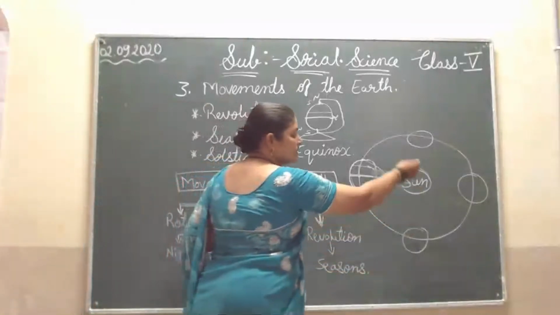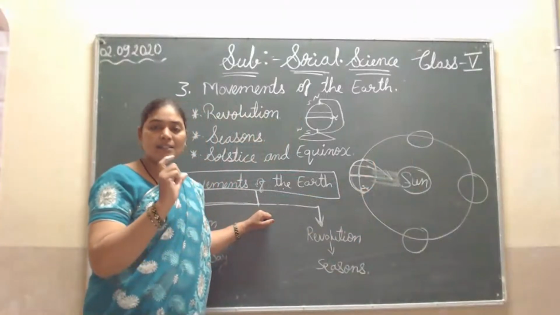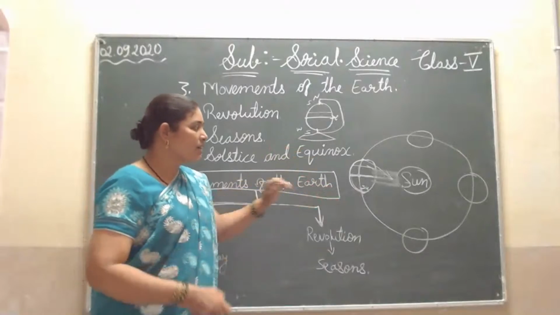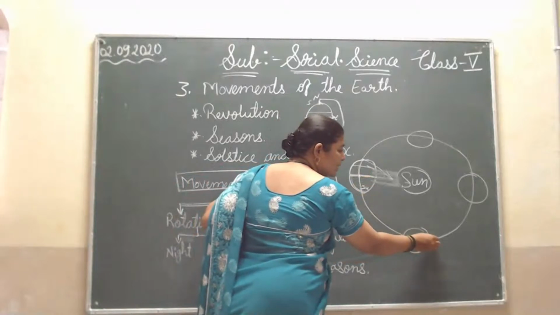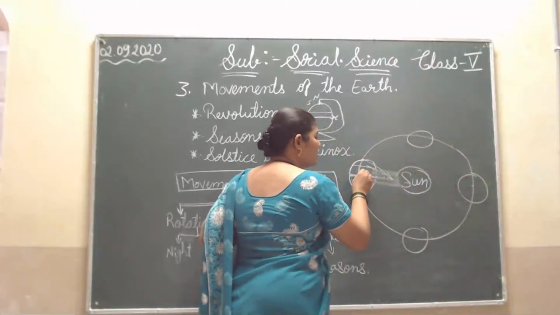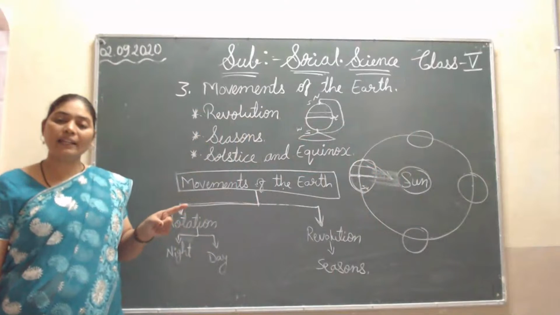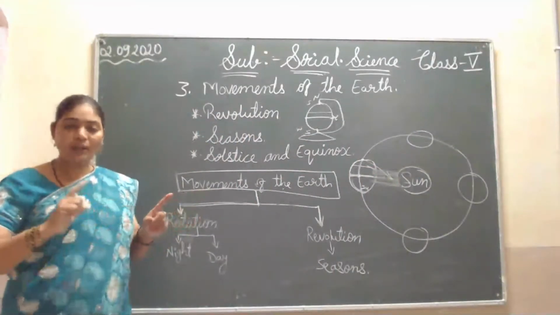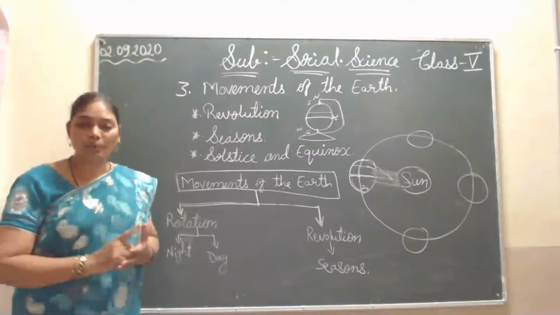When it moves on its orbit, slowly passing from here to here, it means one season. Then again from here to here means one season. Like this, when it comes back here, it has taken 1 year on its orbit. Then it is called 1 year. One revolution means one round of the sun on its orbit.